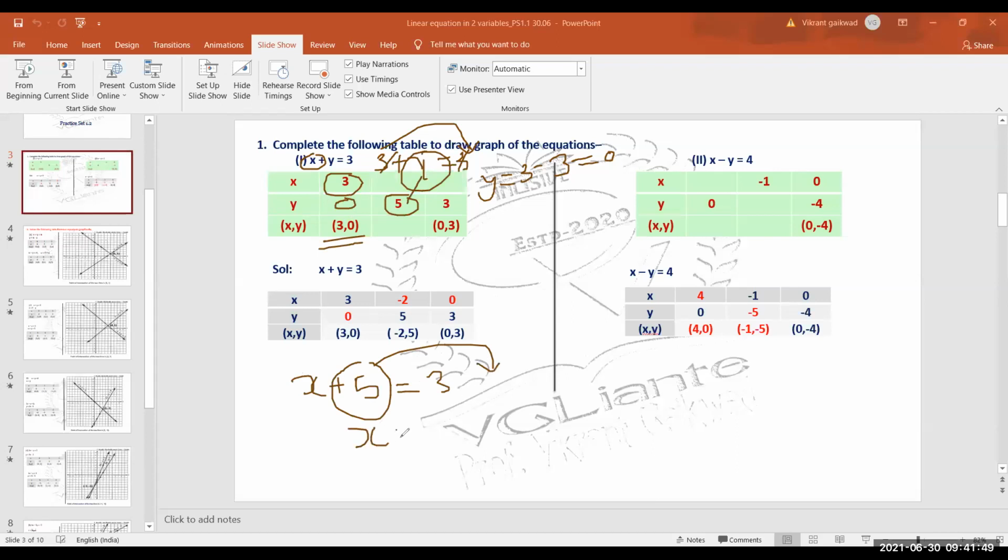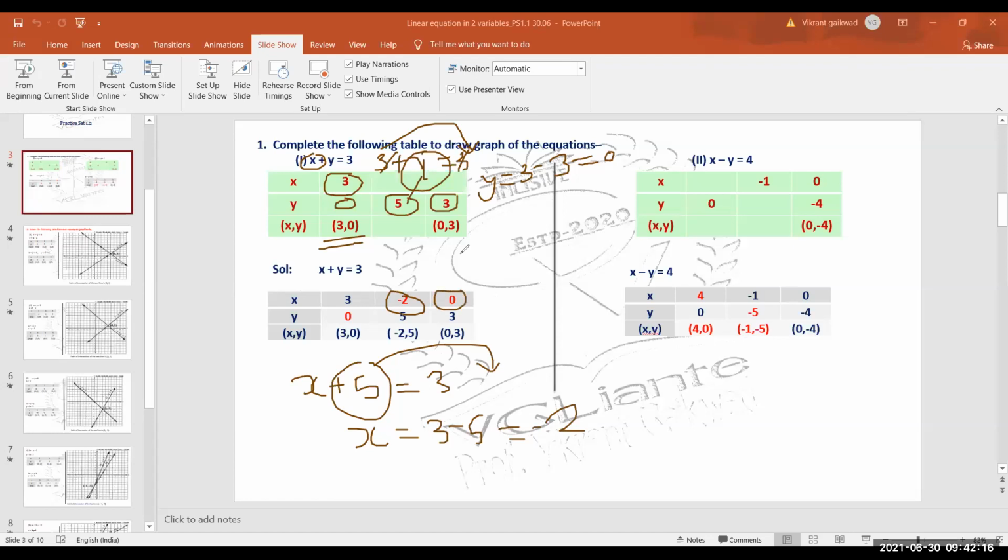So x equals 3 minus 5. So what is 3 minus 5? Minus 2. You get minus 2. Next is y is 3. So when y is 3, what is the value of x? You get that as 0.